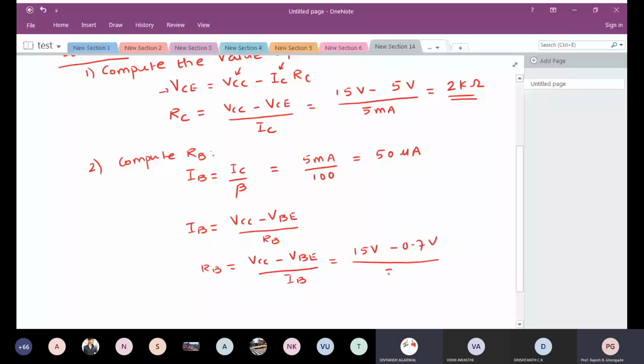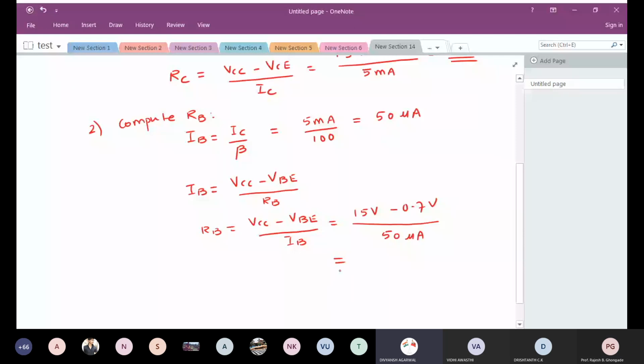Work this out. Come on, calculate. It should be in kilo ohms.